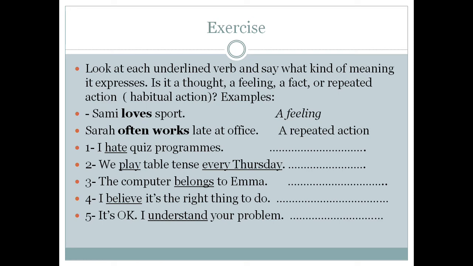Examples: Sammy loves sport. It's a feeling. Sarah often works late at the office, a repeated action. I hate quiz programs. So the underlined verb is hate. Can you decide? Can you say what kind of meaning it expresses?